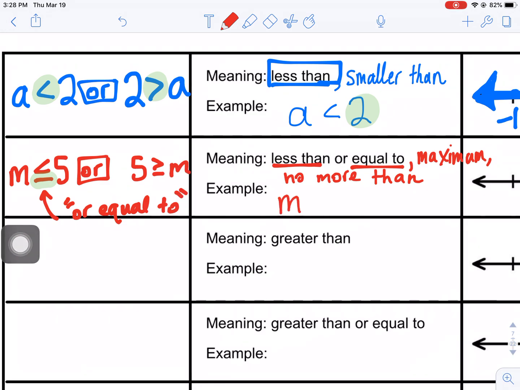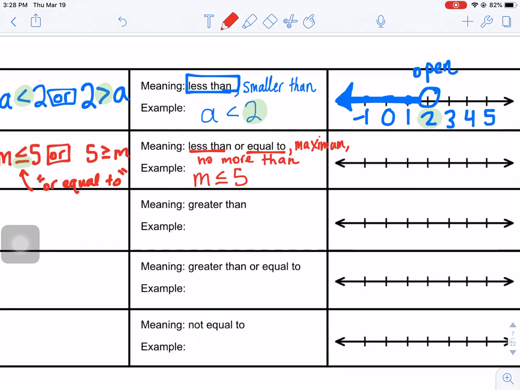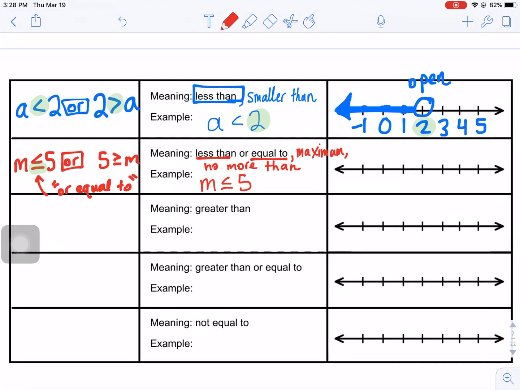So if our example is m is less than or equal to 5, we need to put 5 on our number line. Then we have 6, 7, 8, and below 5 we have 4, 3, 2.